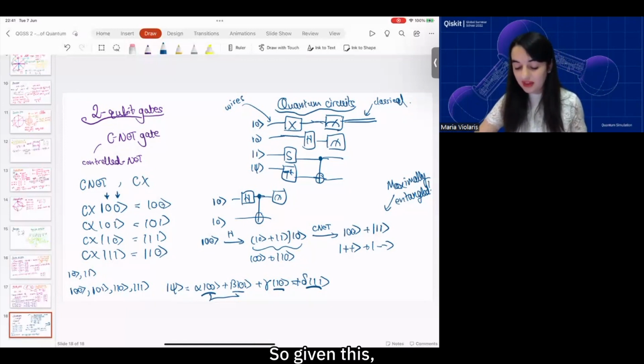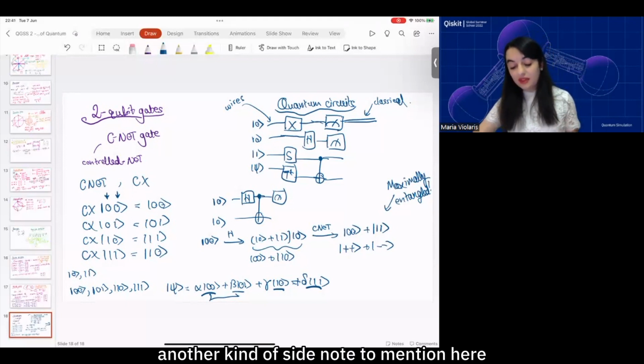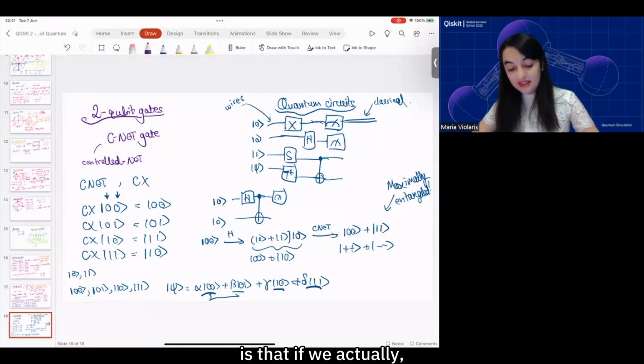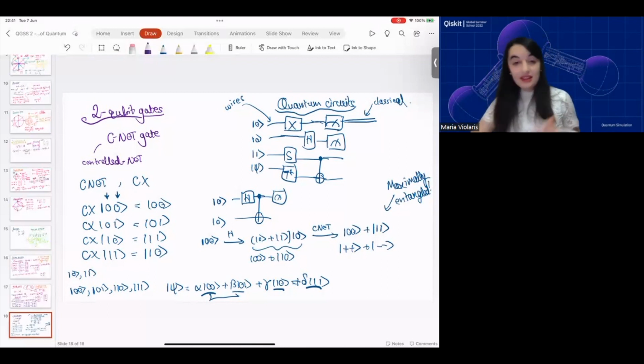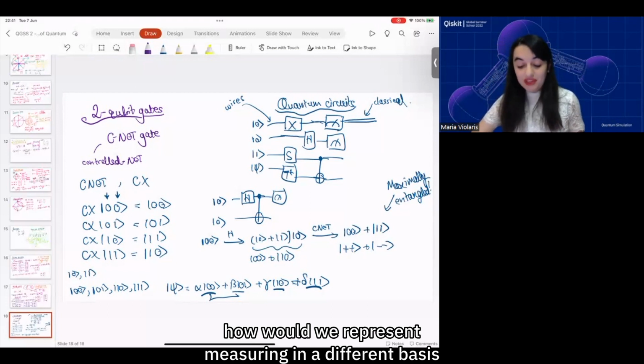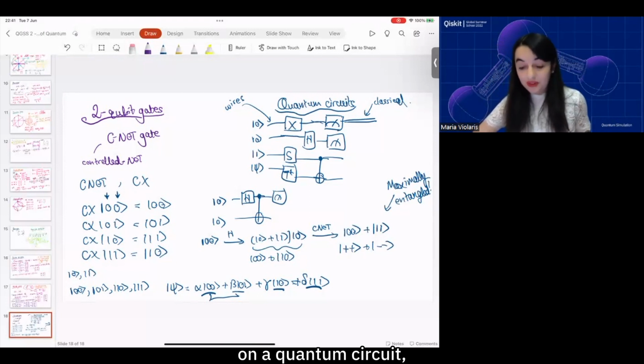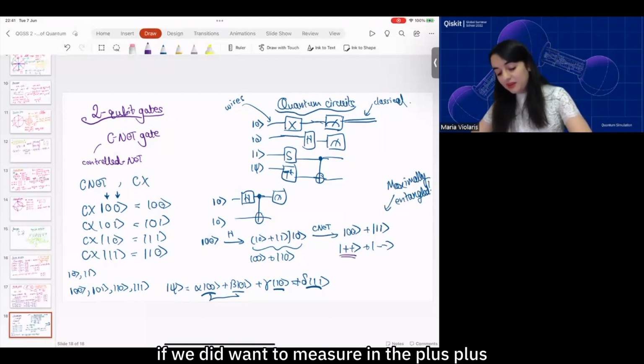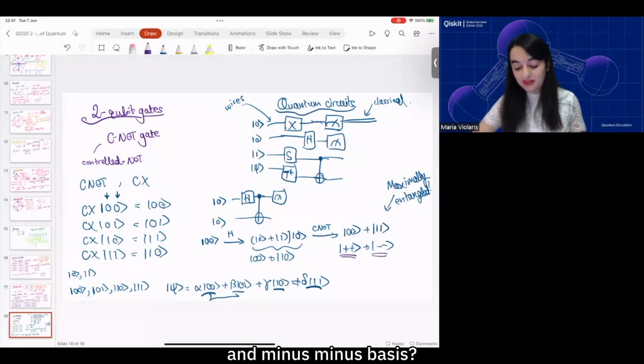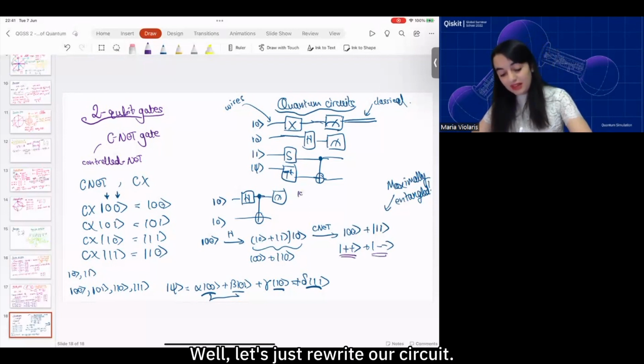Given this, another side note to mention here is how we would represent measuring in a different basis on a quantum circuit if we did want to measure in the plus and minus basis. Well, let's just rewrite our circuit.